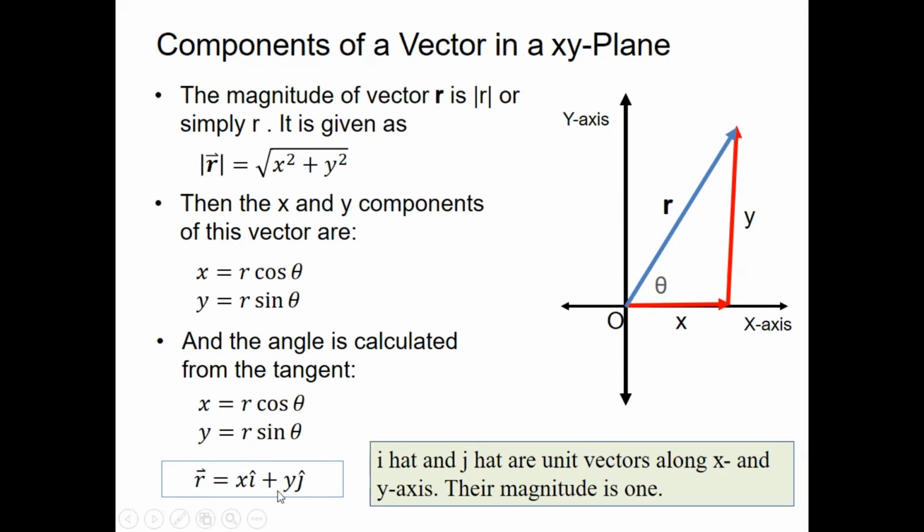So multiplying these scalar quantities x and y with the direction unit vectors i and j, I can have this vector plus this vector, and it is actually the resultant vector r. So one way to write a resultant vector is always like this, and you must see this again and again.